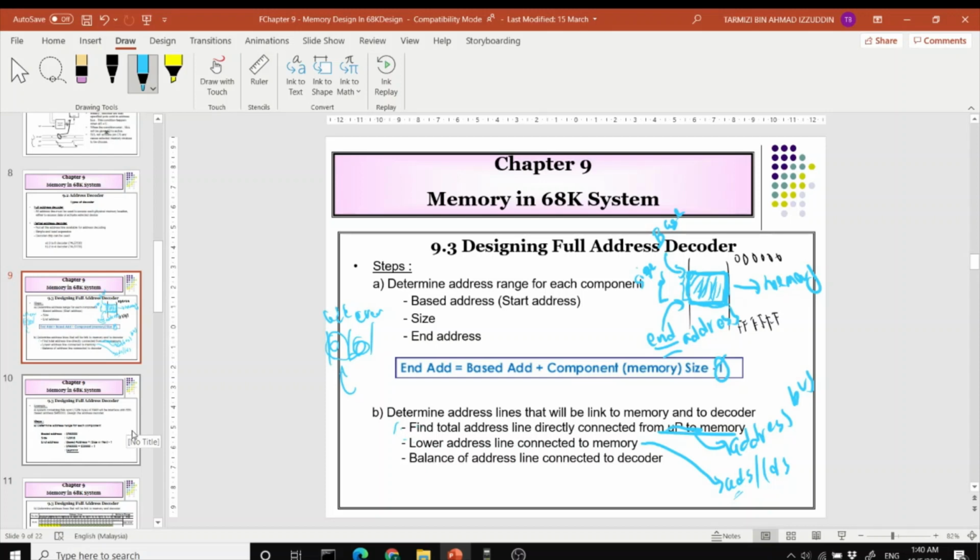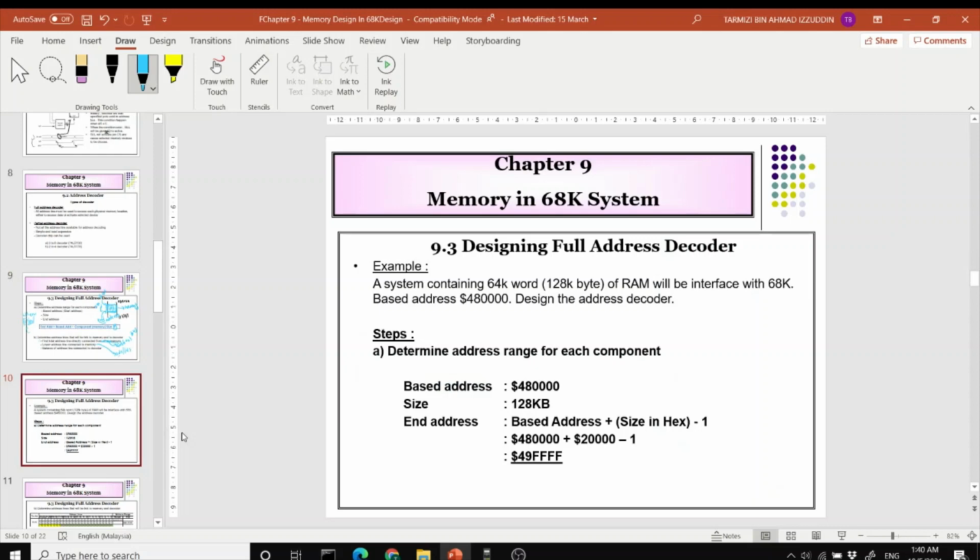So let's look in detail at how we're going to do this. This is an example. Let's say you need to design a microprocessor system that has 128 kilobyte of RAM that needs to be interfaced with the 68K, and you have specified that the base address to connect this RAM with the 68K starts at 480000.